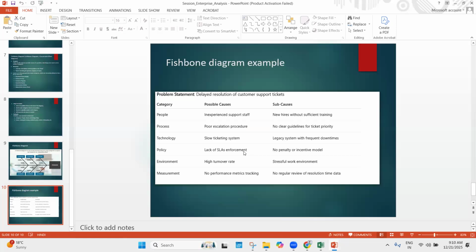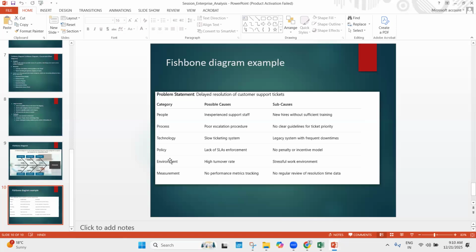The problem of a lack of SLAs means they don't have an incentive model defined here. And there is a problem called a high turnover rate, whose cause would be a stressful work environment. And there is the problem of no performance metrics tracking, because they don't have a regular view of resolution time data, so they are not able to track these metrics.